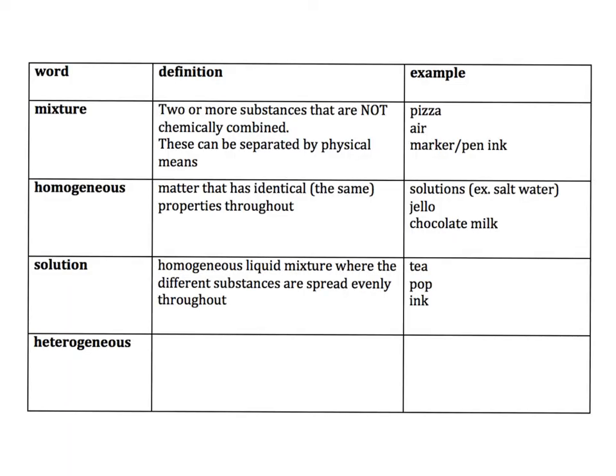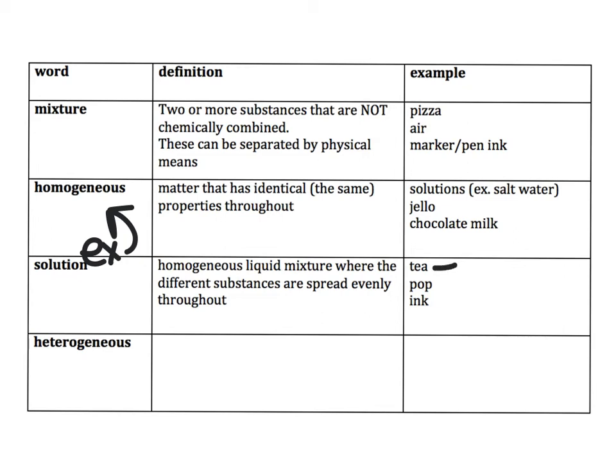Solutions are an example of homogeneous mixtures. When we think of a solution, we mostly think about liquid, but it's anything that is the same state of matter throughout the whole thing. The definition for solution is homogeneous liquid mixture where the different substances are spread evenly throughout.